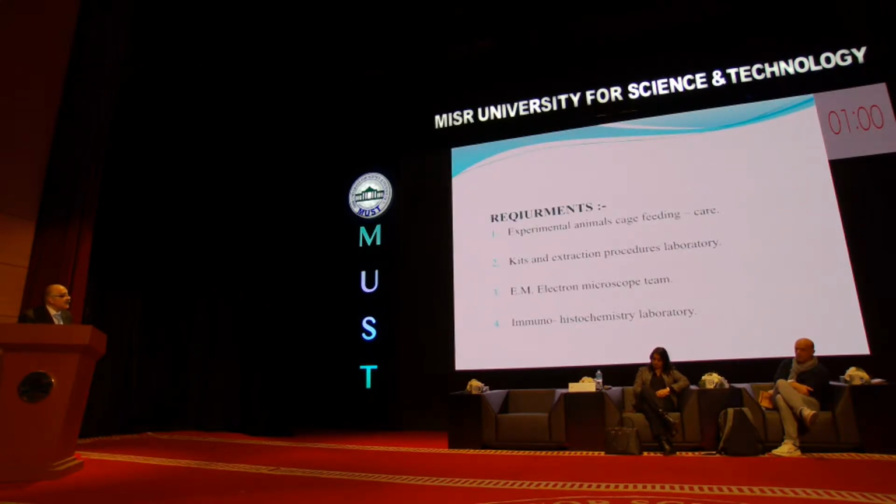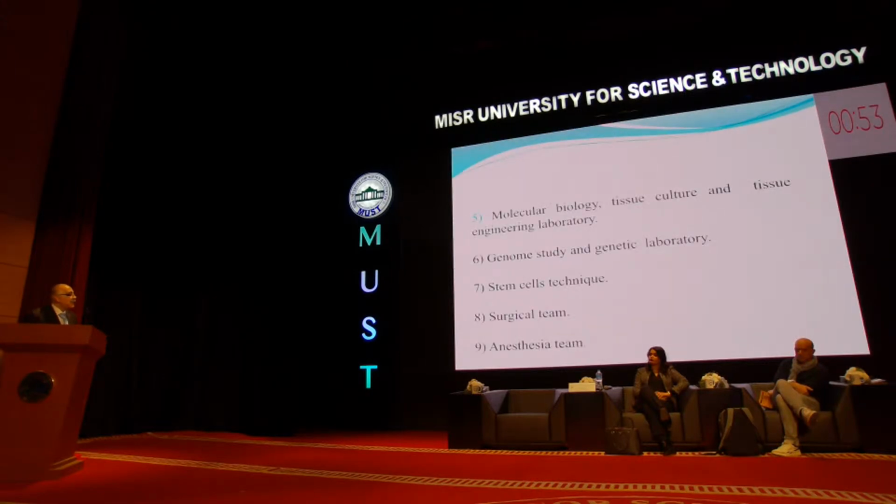Requirements: we need experimental animals, cage and feeding care. We need kits and an extraction procedure laboratory. We need an electron microscopic team. We need an immunohistochemistry lab, and all of them now belong to our team.